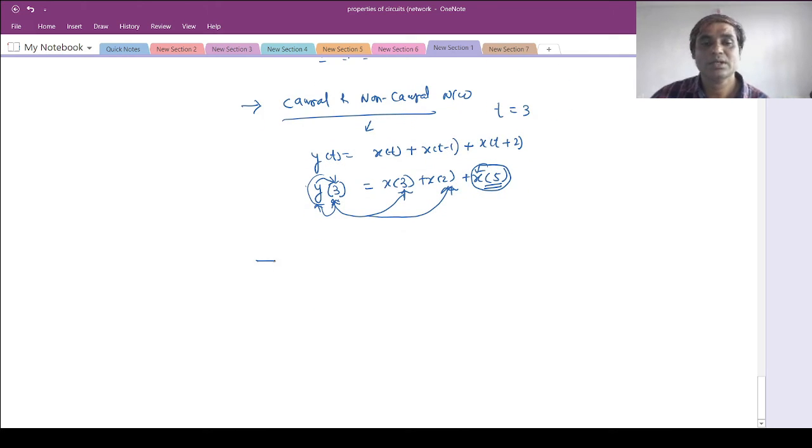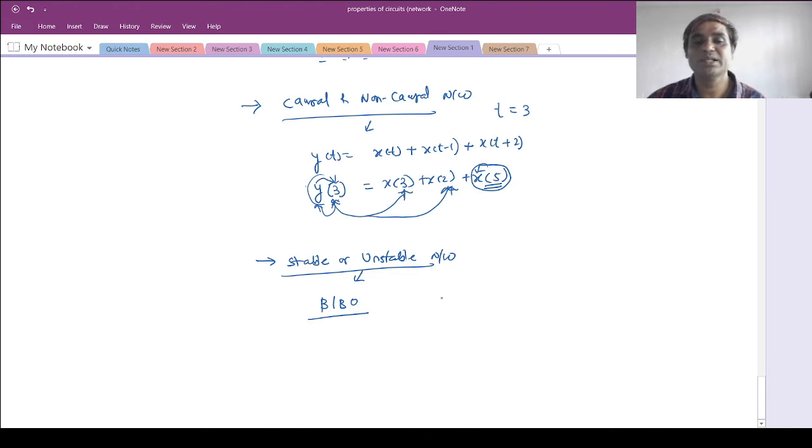Okay. A stable or unstable system or network: a stable network behaves according to me, and an unstable network does not give the response according to me. If it satisfies the bounded input and bounded output property, then that kind of network is called a stable network.